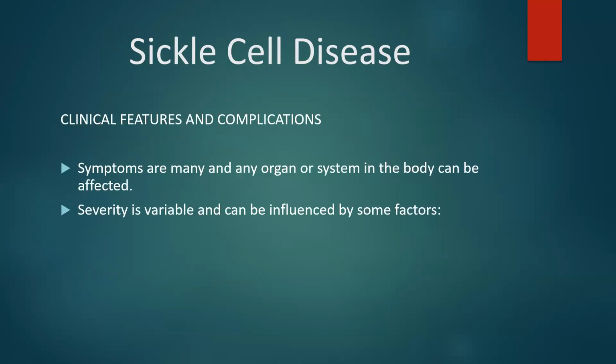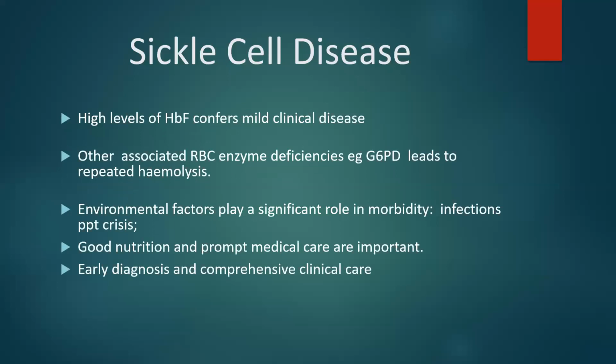So the condition affects almost all organs in the body. The severity may vary and can be influenced by other factors. And these factors can be infection, or if the patient has other red blood cell enzyme deficiency like G6PD, which may increase the complications of the patient.